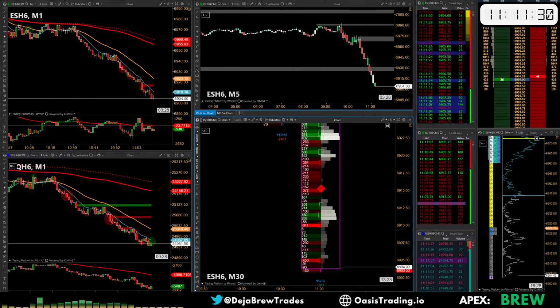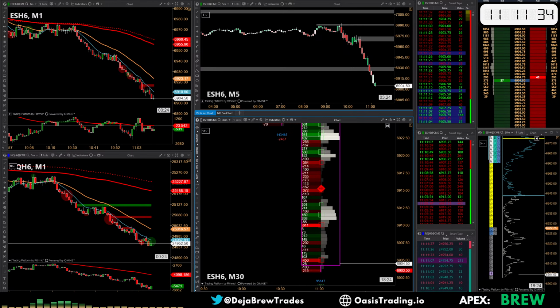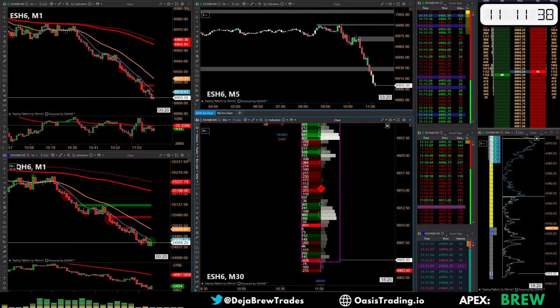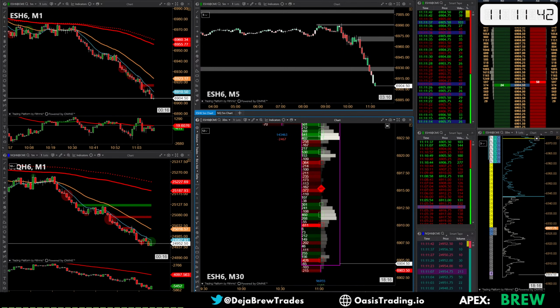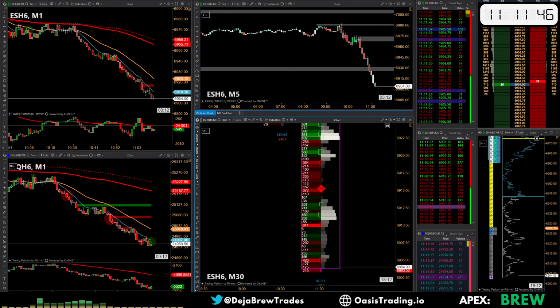And CPI, I say unfortunately, because CPI normally creates its own single prints. So what CPI could do is shoot up and fill in these single prints, which will then create single prints on CPI. We'll have to go back down anyway. So it's going to be a mess.